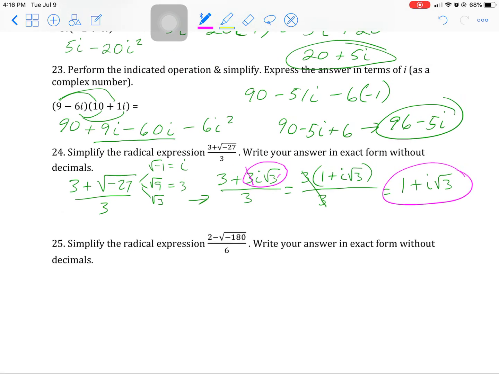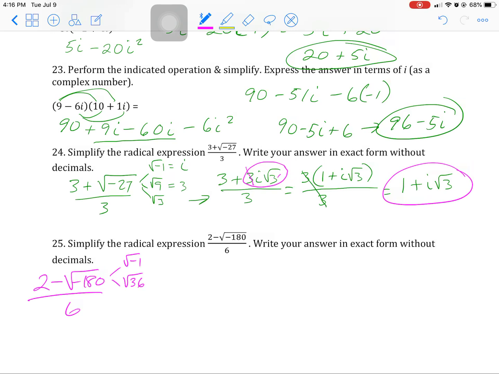And then the last one, 2 minus the square root of -180, over 6. Let's handle this. So negative 1, let's see, 180, that's got a 9 in it, but it's probably more than that. It's got a 6 and a 3, so maybe 36.